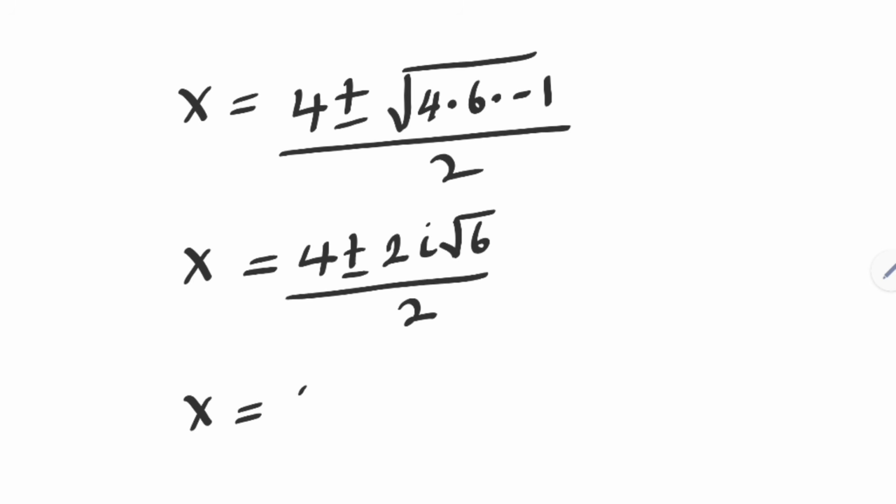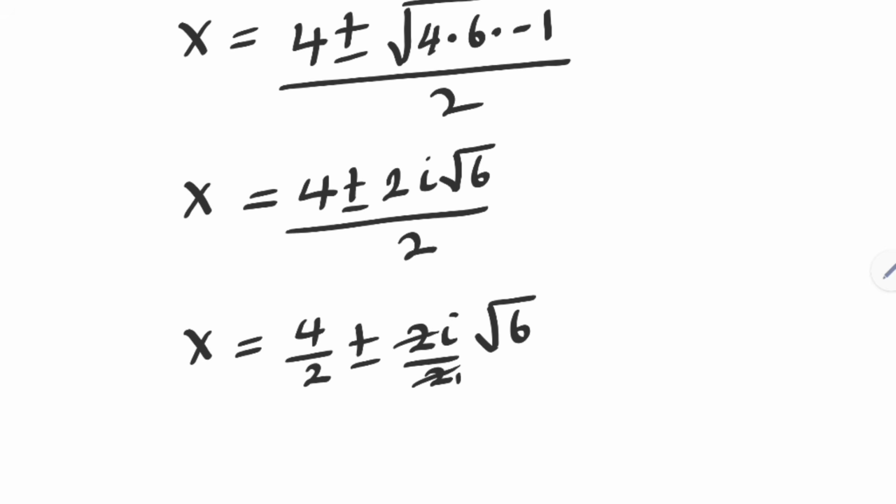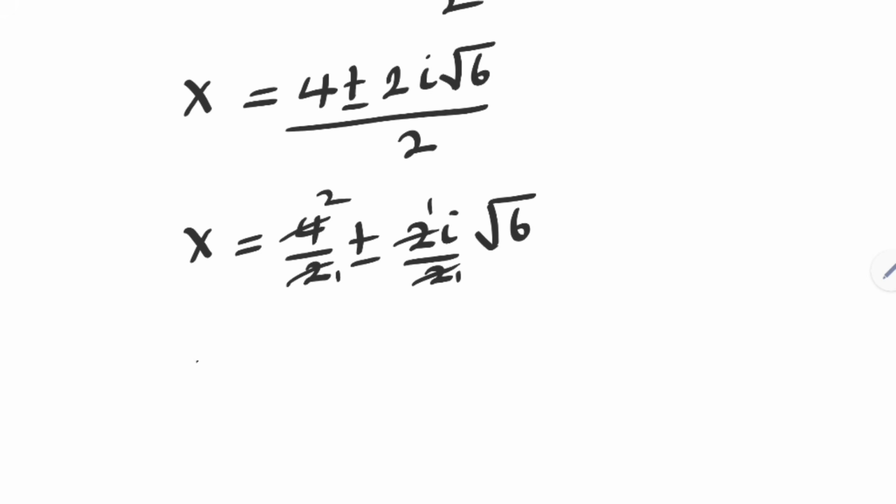x is equal to 4 divided by 2 plus or minus 2i divided by 2 square root of 6. 2 here 1, 2 here 1, 2 here 1, 2 here 2. x is equal to 2 plus or minus i square root of 6.